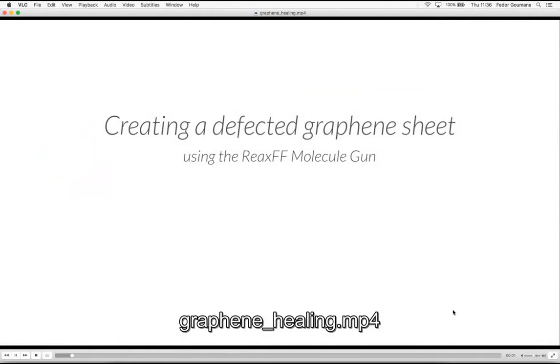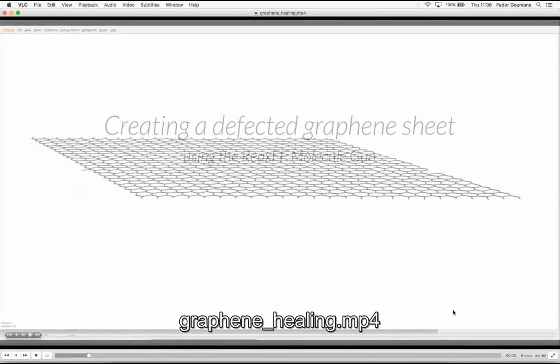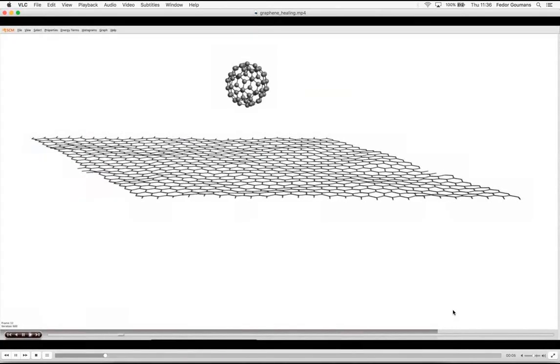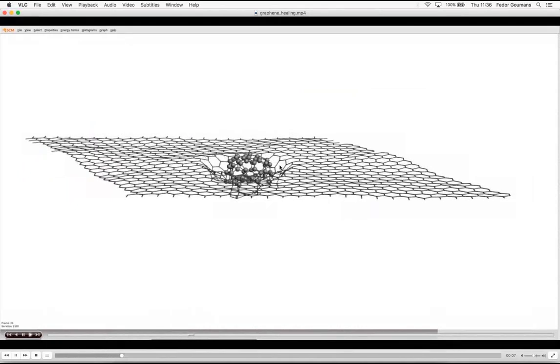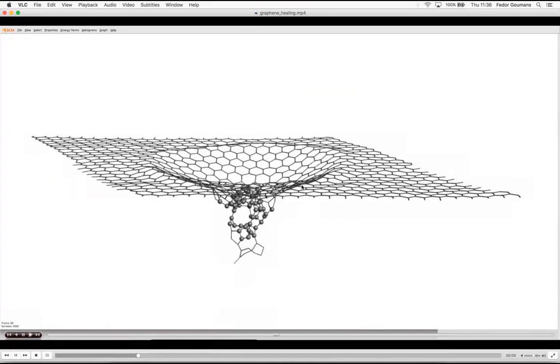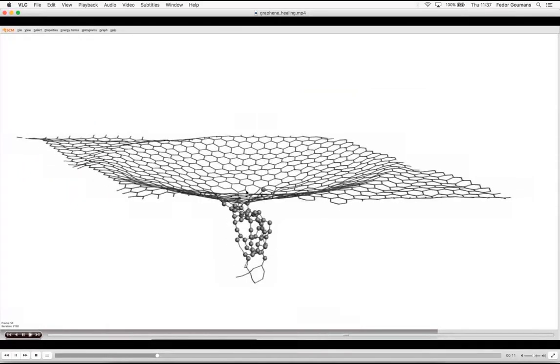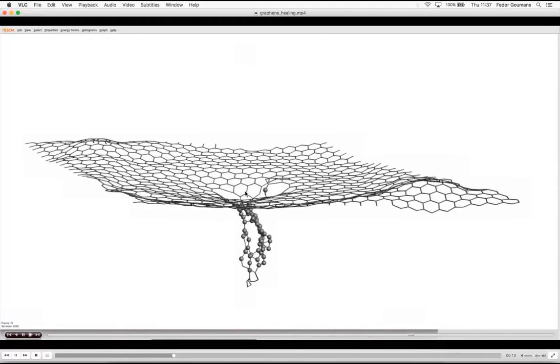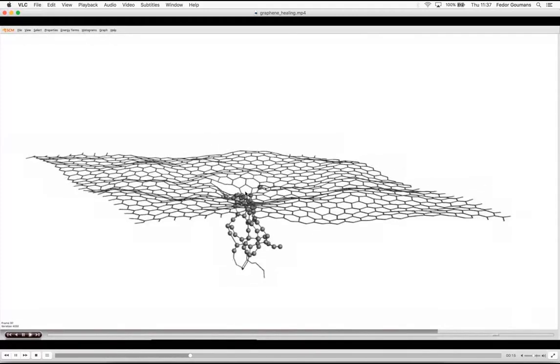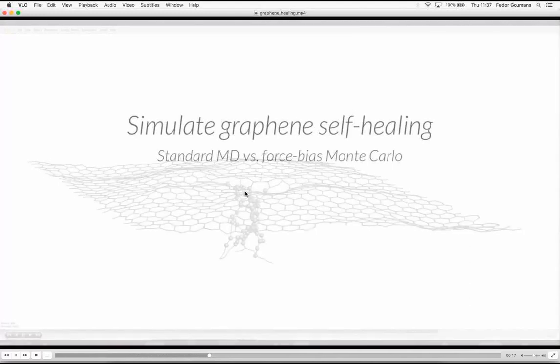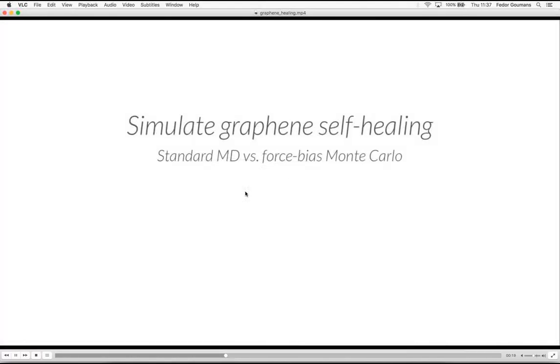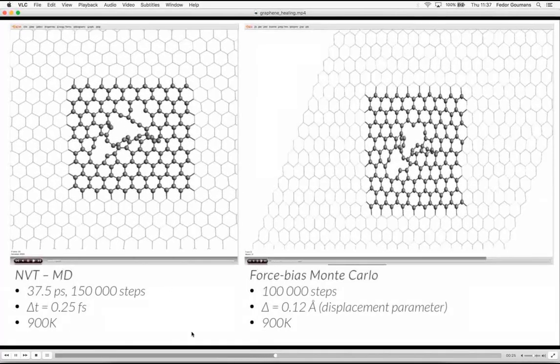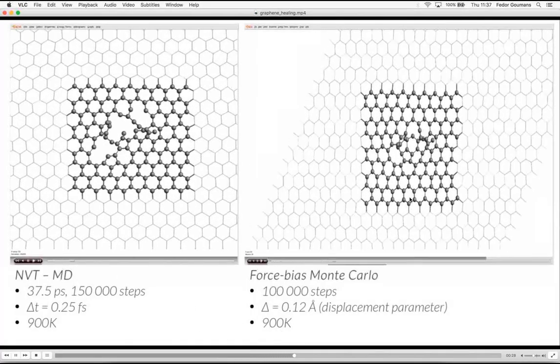First, we use the molecule gun to shoot a buckyball and a graphene sheet. Then we create a defect here at the center of the graphene sheet, which is subsequently used to simulate the self-healing. In this case, we're running the simulations at the same temperature, 900 Kelvin.